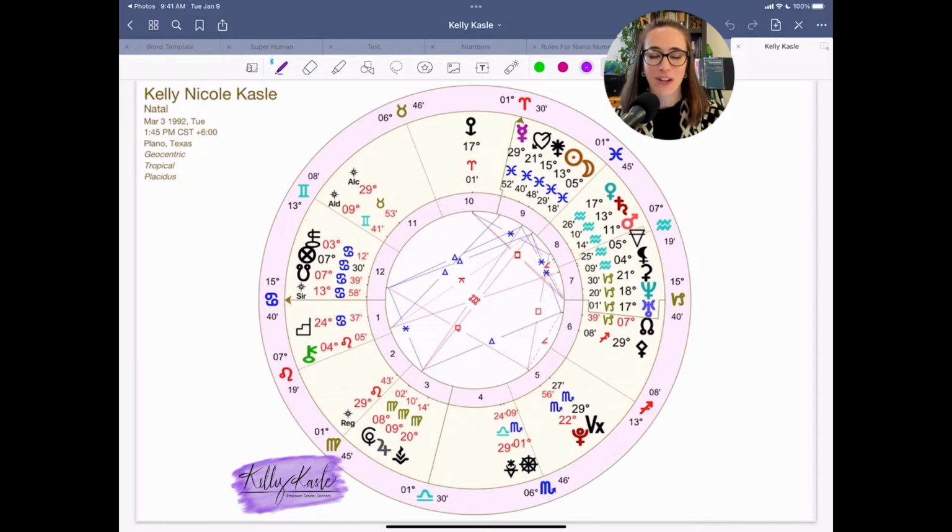And remember, astrology is a language, it is a science, it's an art form, and it is a system of keeping time and cycles of time. So what you're looking at right now is a snapshot of the sky the moment that you were born. This is exactly where all the planets and the stars were the second that you came out of the womb.